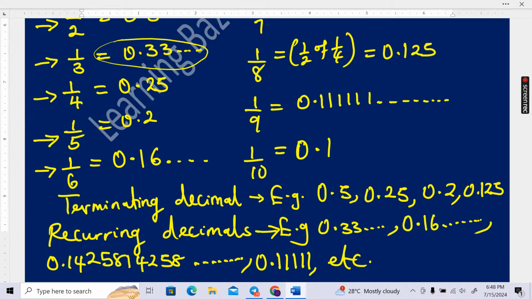All right. So let's continue. So I have explained the difference between terminating and recurring decimals.